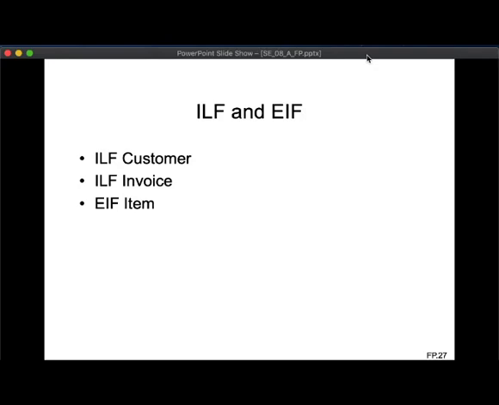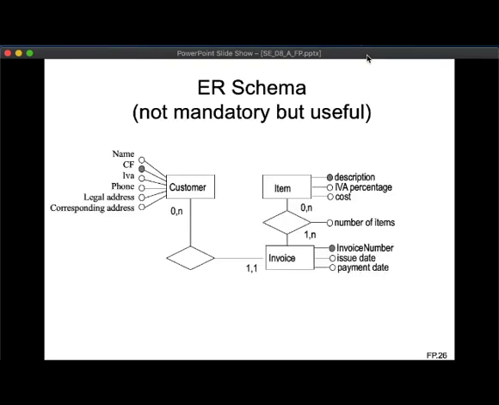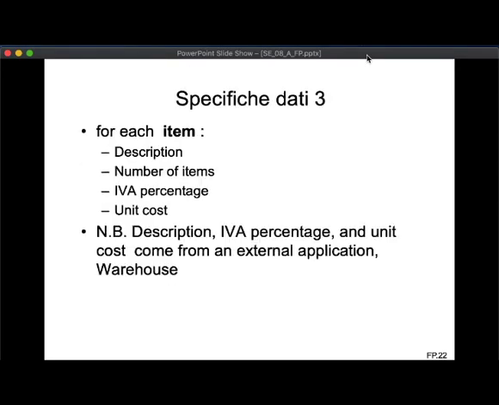In particular, we understand immediately, looking at the schema, that in our application we will have two internal logical files, one for the customer and one for the invoice, and, as the requirements told us, we have one EIF, that is the item, because it was said that the information about the item is not maintained by our application, but is derived from an external application, the warehouse. You remember it was written in slide 22.